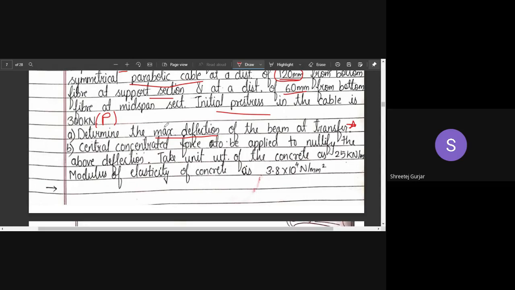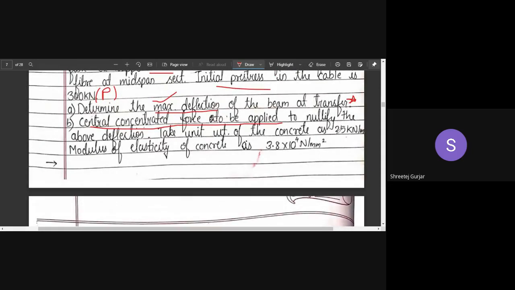So whatever deflection we calculate, to nullify that deflection, we have to calculate what central concentrated force is to be applied. Then they have given us the unit weight of concrete and the modulus of elasticity of concrete.